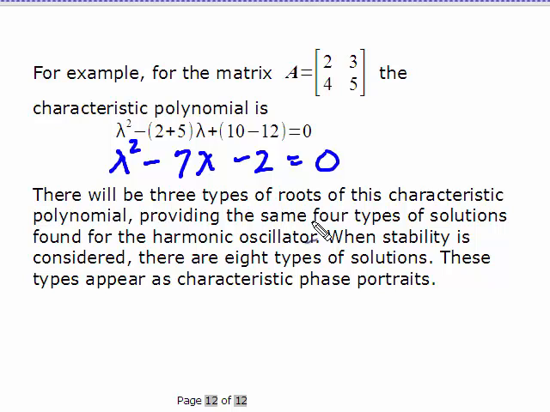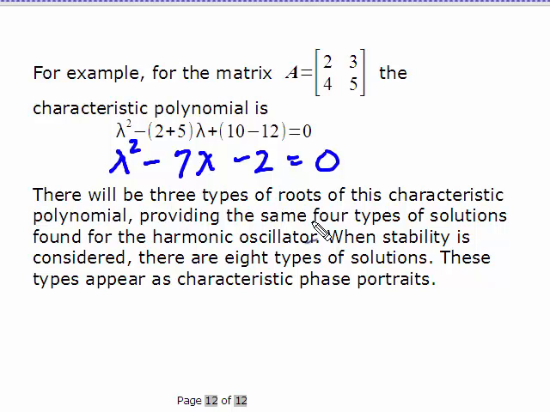You can use the quadratic formula, and there will be 3 types of roots. Are we going to get 2 roots out of it? Yes, because it's a squared, and we also expect 2 roots, because this is a two-dimensional system. We have 2 first-order differential equations, or if you want to think of it in terms of where some of these systems came from, they came from the second-order equation, which is 2-dimensional.